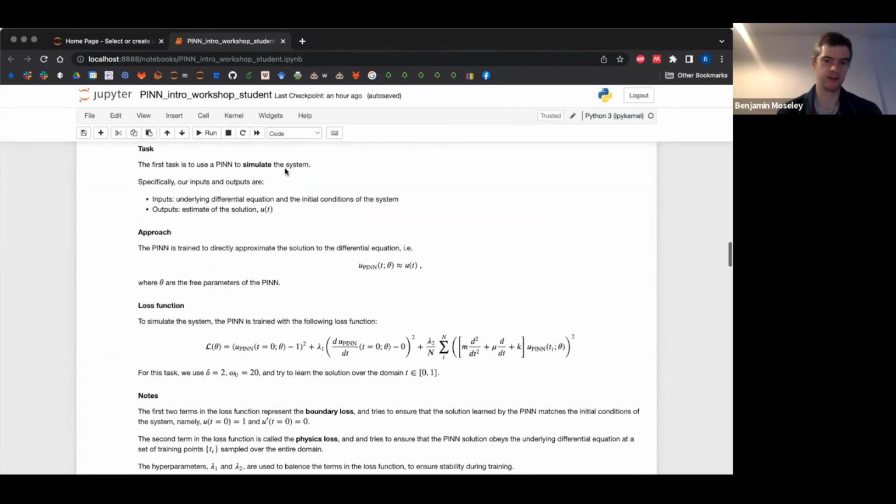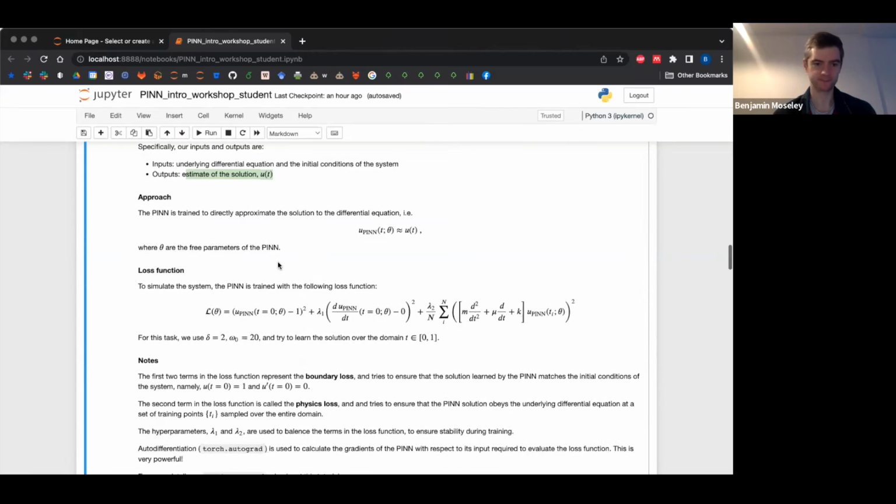So the first task is to simulate the system using the PINN. Think about our inputs and outputs. We know what the underlying differential equation is, and we know the initial conditions of the system: the displacement is 1 at time 0, and the velocity is 0 at time 0. Then we want to estimate the solution to the underlying equation.